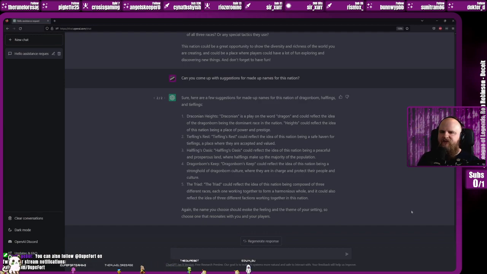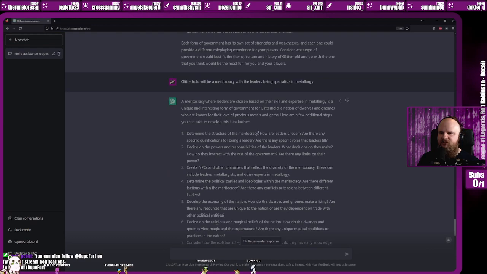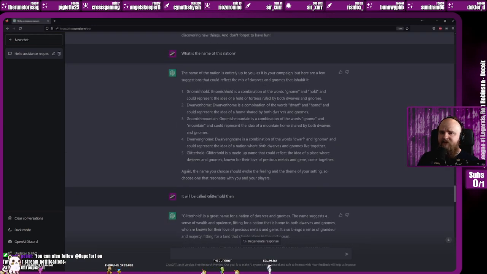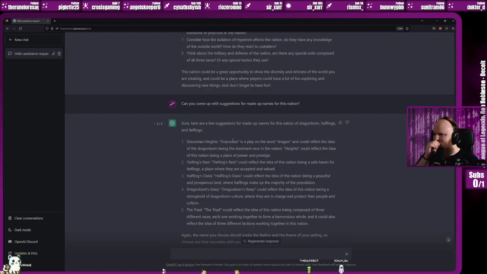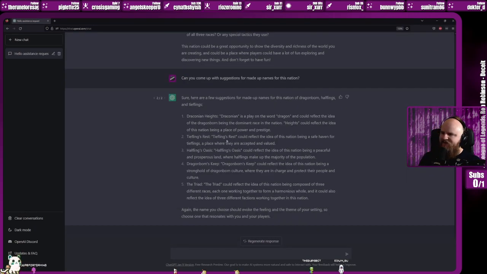I was using its own language, the way it said things, because it was suggesting combinations of words, but then it says also a made-up name. So I was trying to get it to come up with names like Glitterhold instead of Dwarven Gnome or Gnomish Mountain.